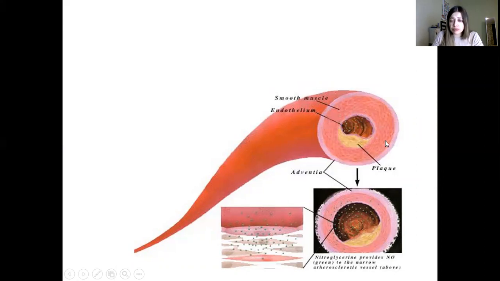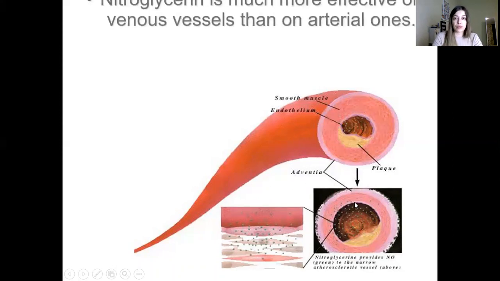And the nitroglycerin and other nitrates, they provide NO, the oxygen nitrate, to the narrow atherosclerotic vessel and help them to relax and help them to make the lumen more.